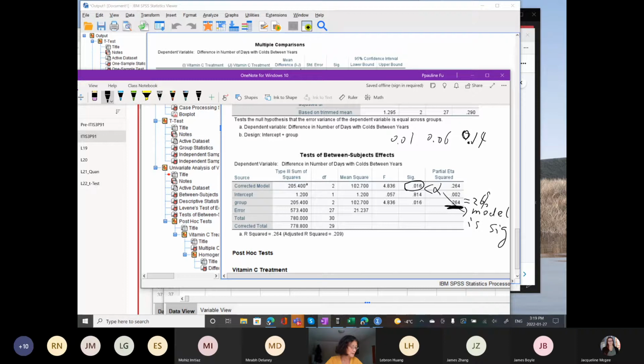Okay, so there is a significant main effect. And this is also proven by this p-value for the group. It is significant. There's a significant main effect for the group. Okay.